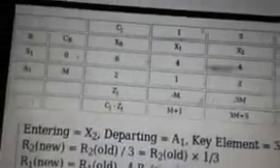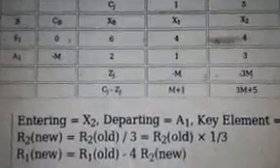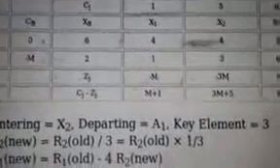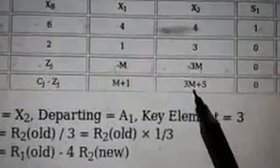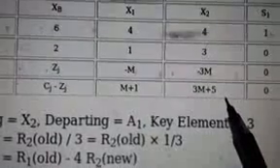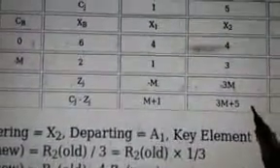So here the entering variable is x2. Why? Because 3M plus 5 is the largest value, which is entering into the variables.